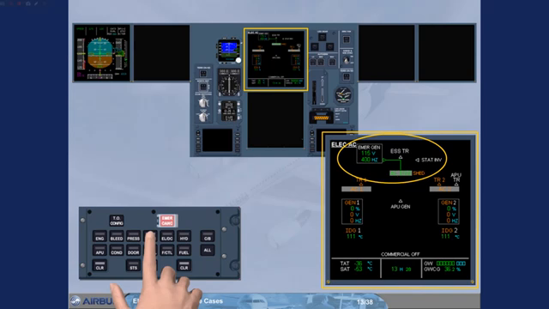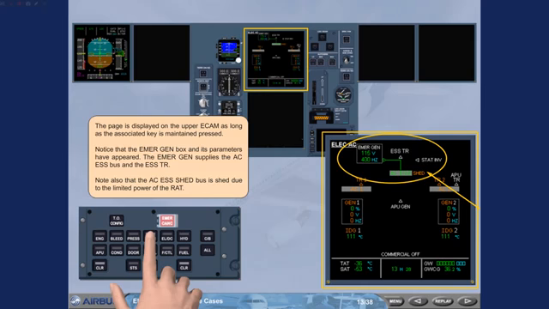The emergency generator supplies the AC essential bus and the essential TR. Note also that the AC essential shed bus is shed due to the limited power of the RAT.